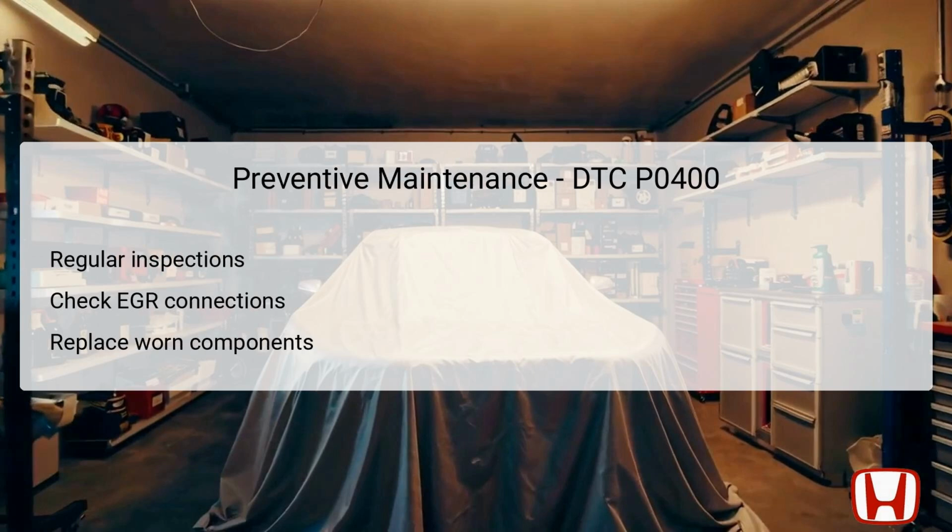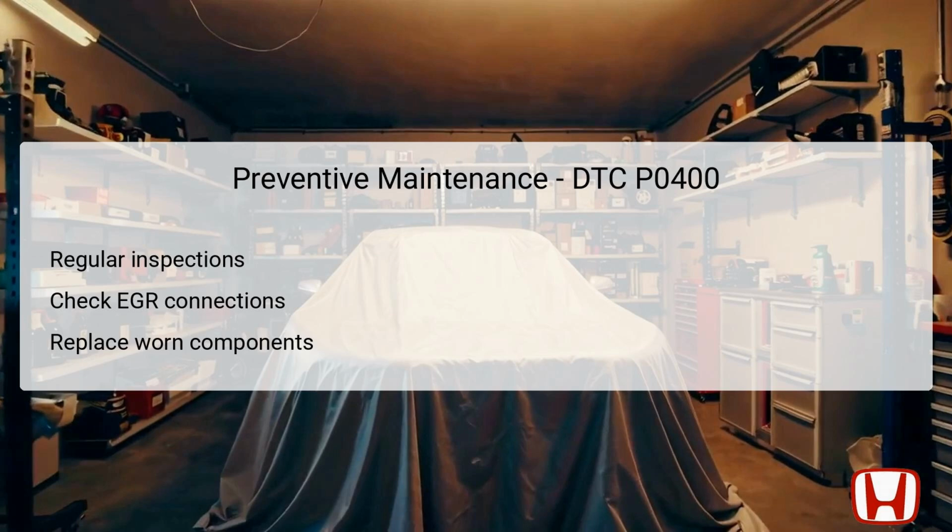Preventive maintenance can save time and costs associated with unexpected repairs related to the EGR system. Regular inspections should include visual checks of the EGR pipe and valve, looking for signs of wear and tear. Maintaining good connections is equally essential, as corroded or loose fittings can lead to significant system failures.